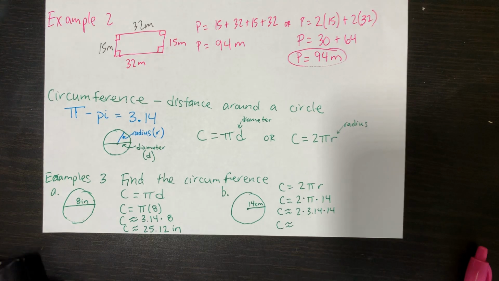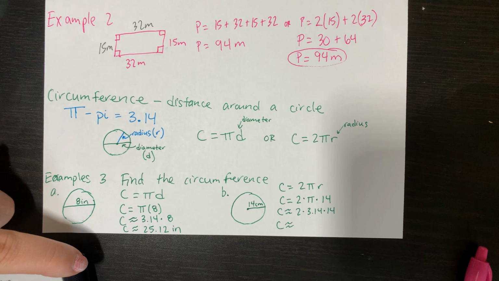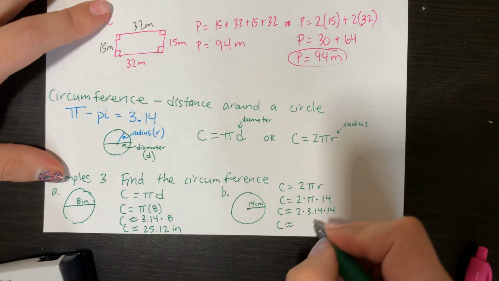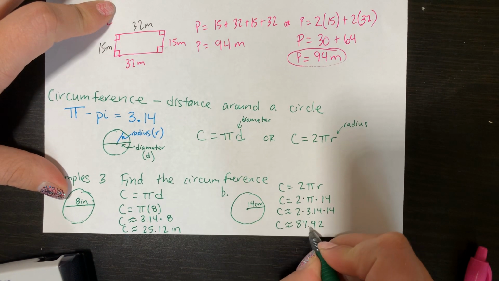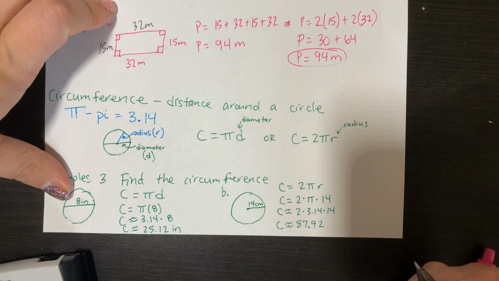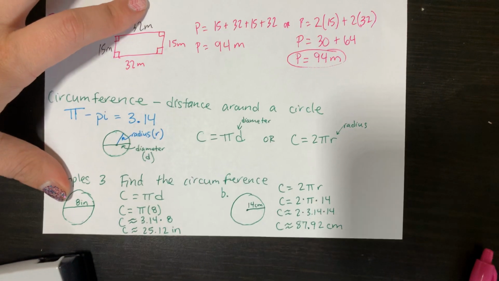I'm going to type it in, see what the decimals are for it. This one is 87.92. Okay. Add our units, centimeters.